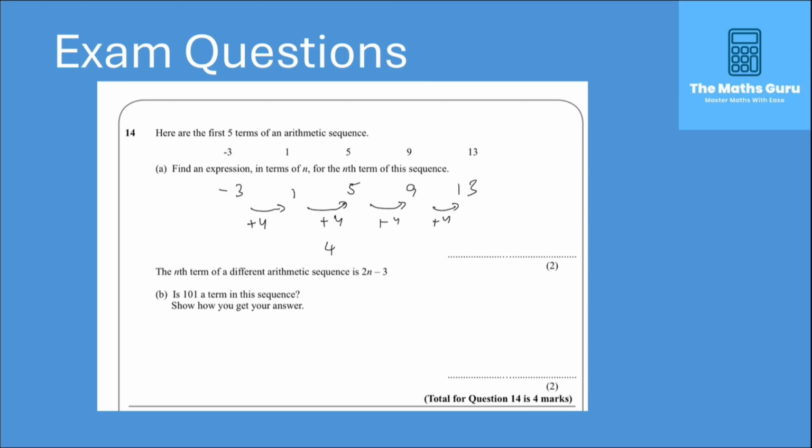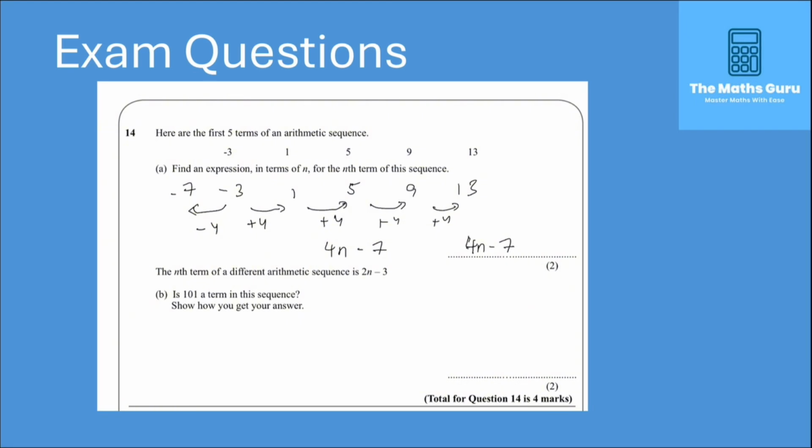So our first part of the formula is going to be 4n. Then we do our inverse, minus 4, to work out the term before our first and get minus 7. 4n minus 7 is the expression for our nth term.